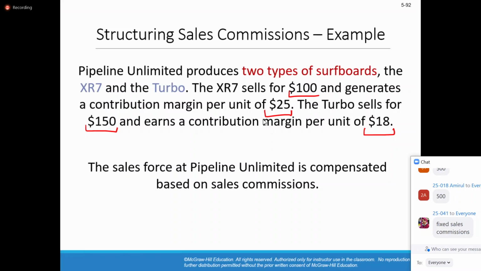What do you think? As a salesperson, what would you expect?